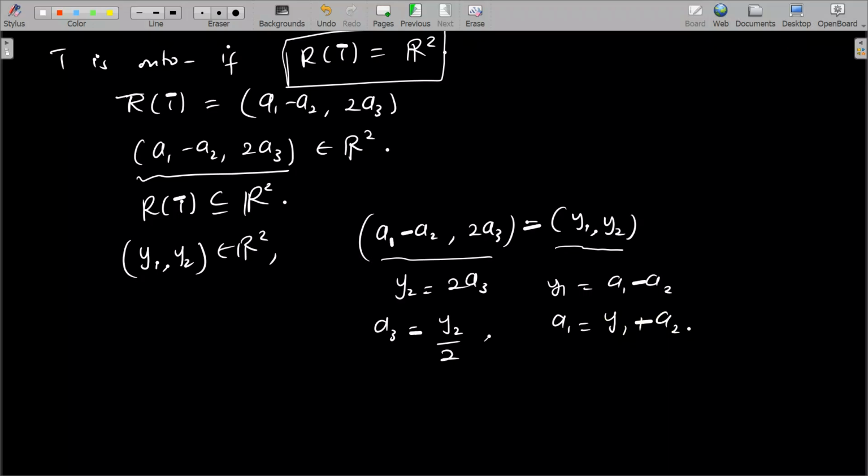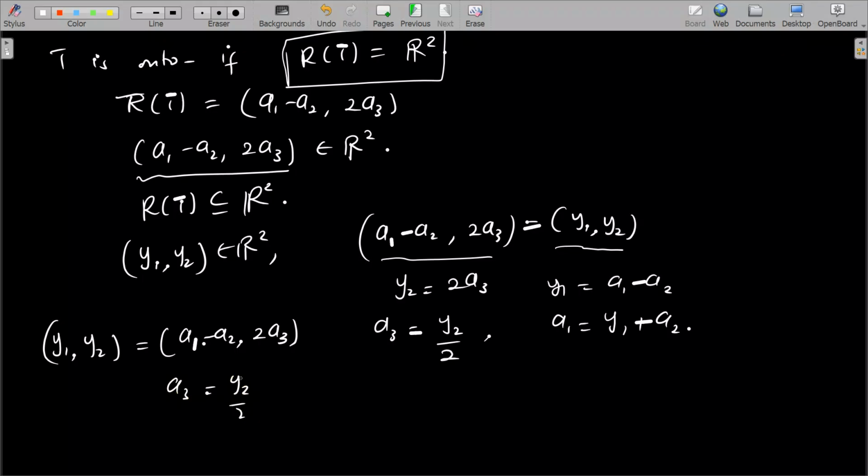And so it means that every (y1, y2) you pick can be written as (a1 minus a2, 2a3), with the idea that a3 is equal to y2 over 2.